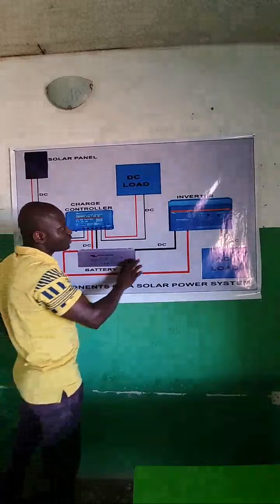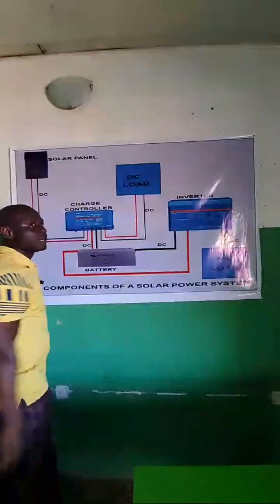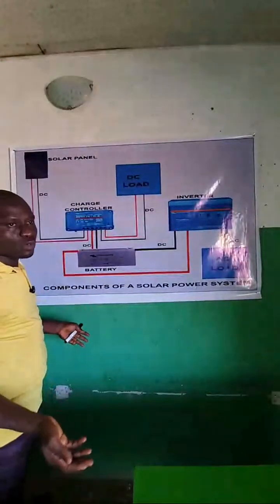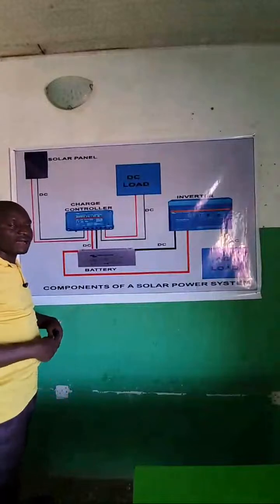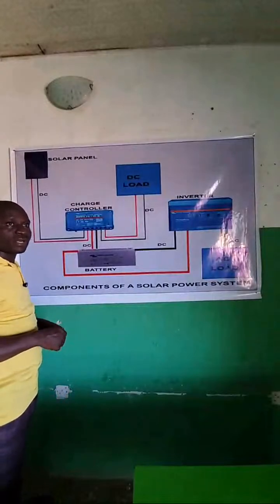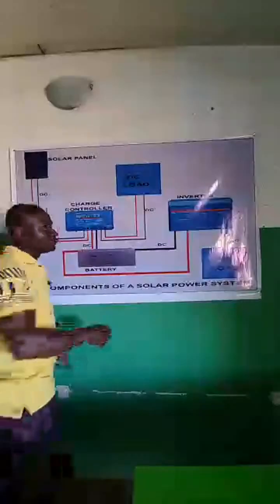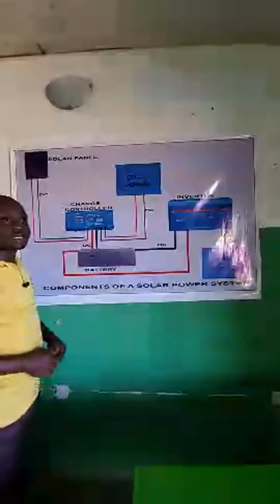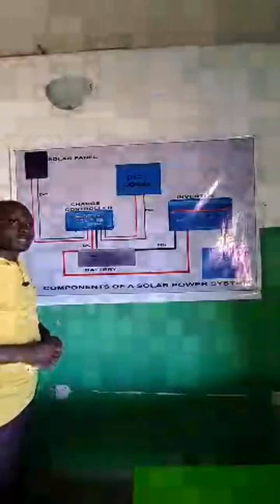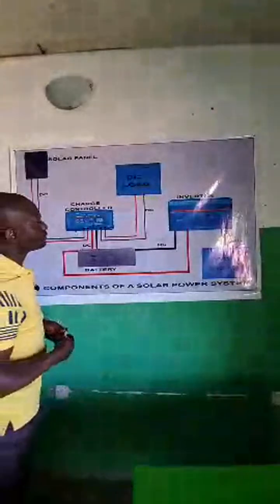Then between the battery and the inverter, you also need a breaker, although most of the modern inverters today have inbuilt DC breakers. And between the inverter and the AC load, an AC breaker or AC protective devices.